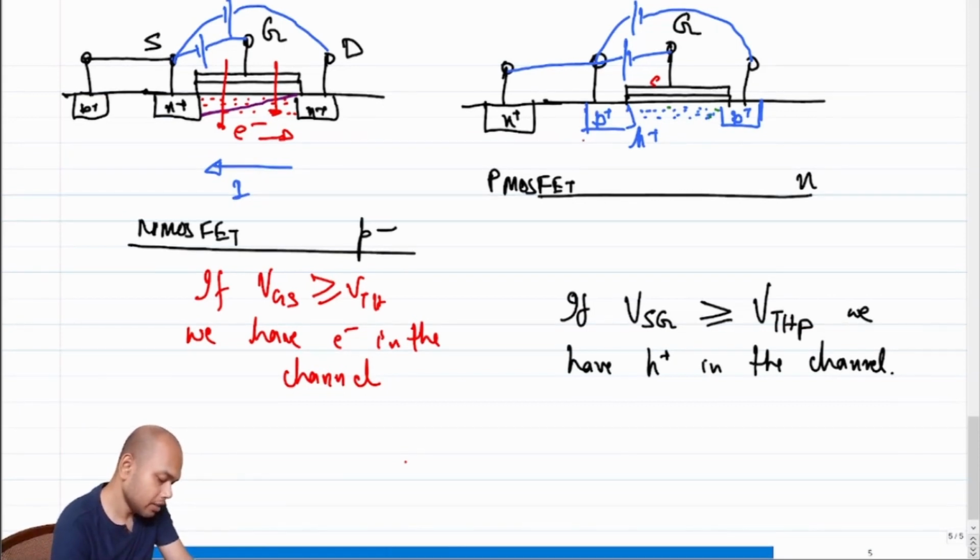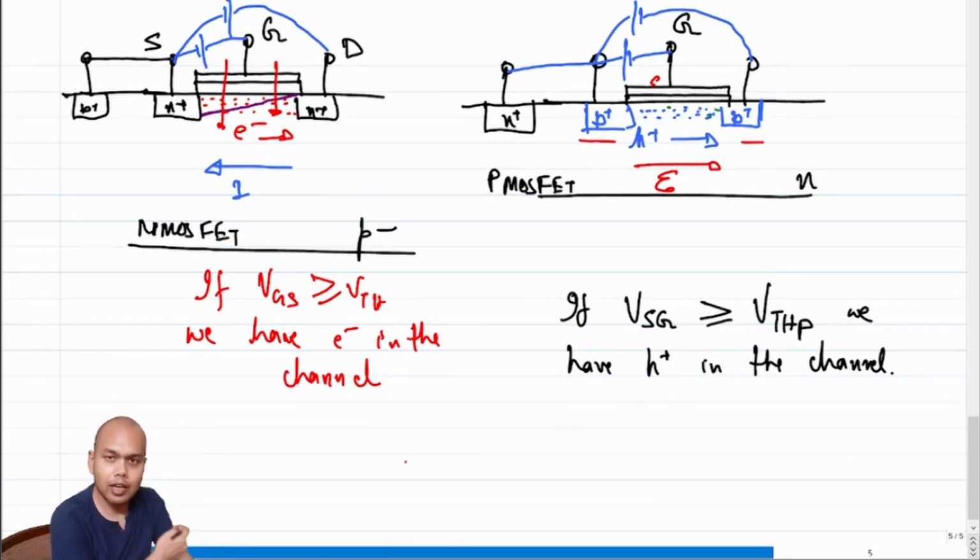We are making this one a higher terminal and this one a lower terminal, which means the electric field will go in this direction, which means the holes will move in this direction, which means the current will also move in this direction. So IDS will be moving in this direction.